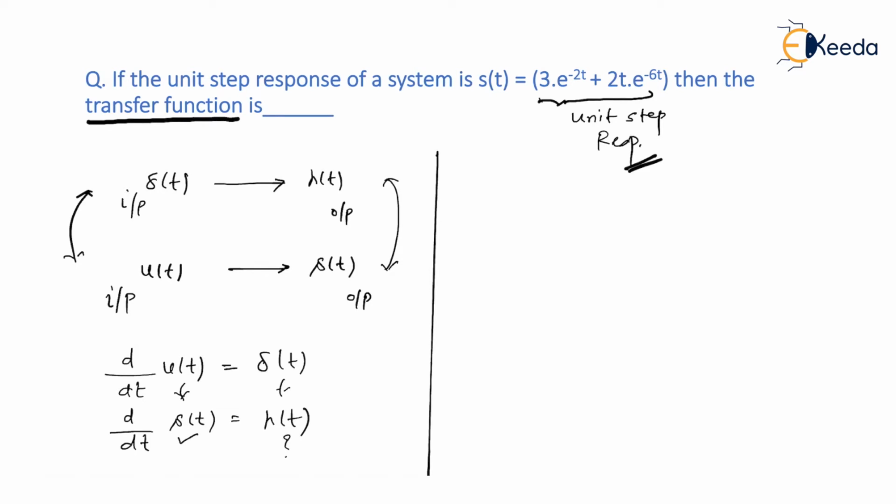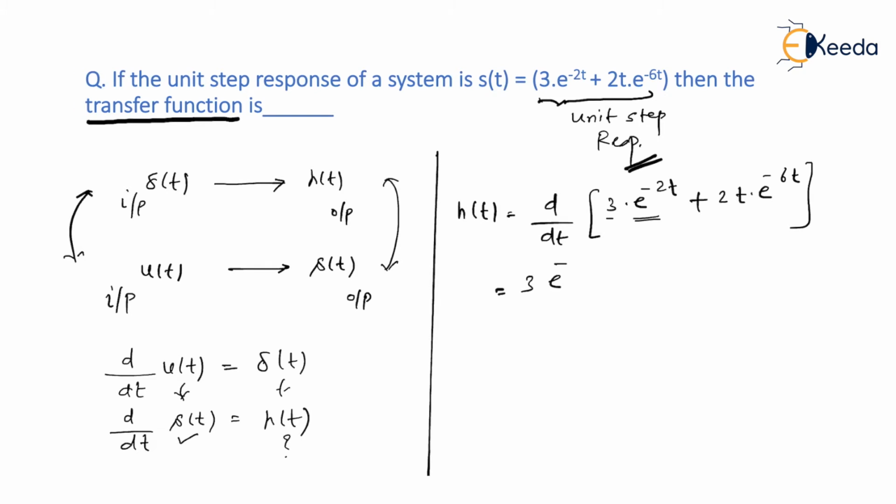Then I can write my h(t) as the derivative of 3 into e to the power minus 2t plus 2t into e to the power minus 6t. Solving further, I'll take 3 out.